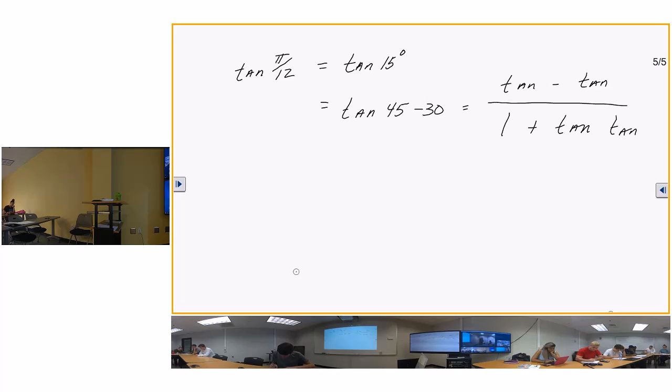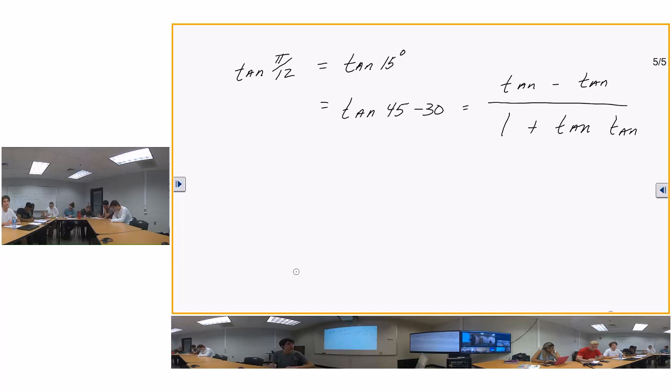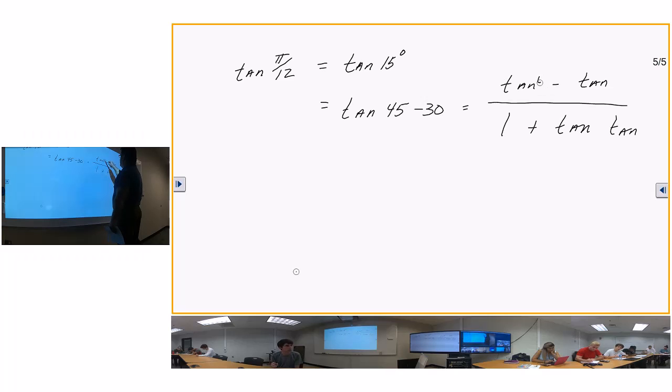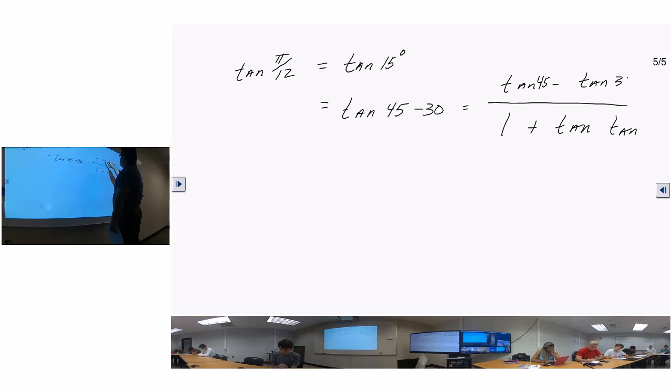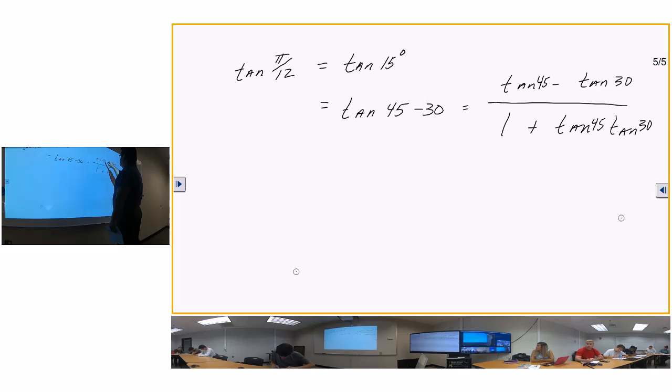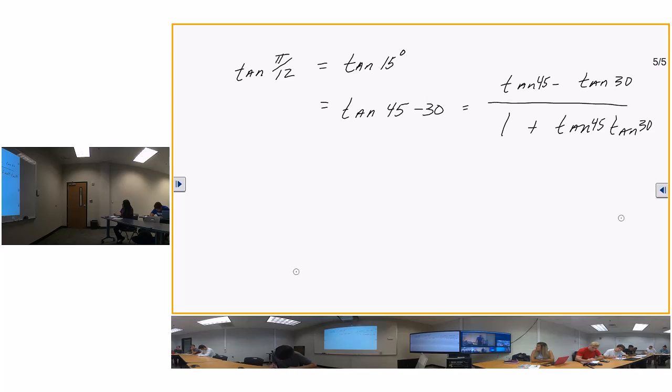I didn't worry about the A and B. I just remembered 1 minus tan minus tan over 1 plus tan. That's how I remembered them. So that's going to be 45 and 30 and 45 and 30. And get your special angles out again. This time you can't rely on the sine and the cosine. You've got to do the tan.